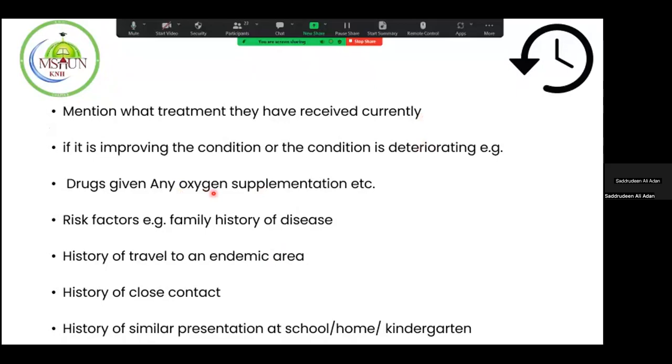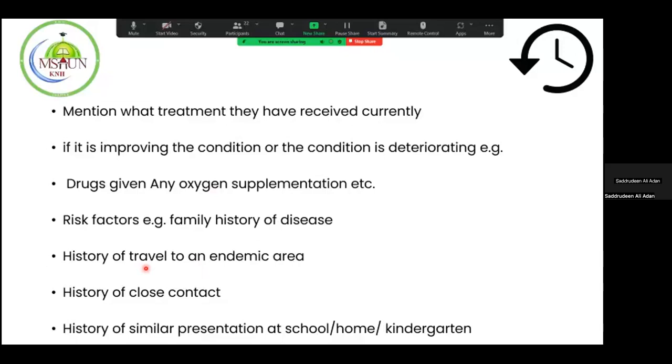So then you ask about risk factors, for example, family history of the disease. If it's pneumonia, you can ask about history of any air pollution in the home, history of contact with someone with similar disease, something of the sort. Then for relevant conditions, also ask about history of travel to an endemic area, for example malaria.